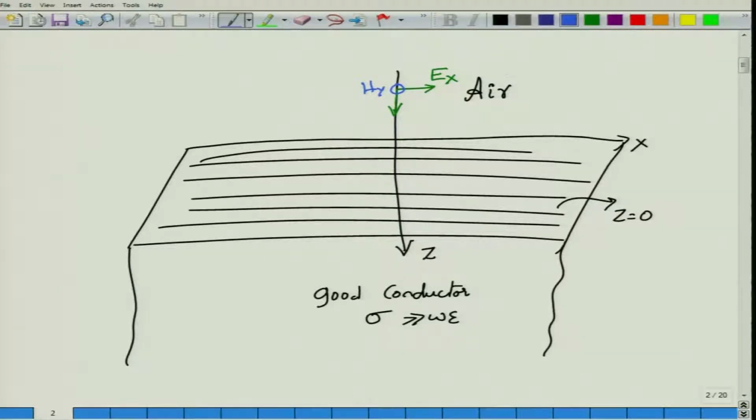Okay. Now, imagine this wave steadily approaches the interface, and at some particular time, which we do not really worry about, because we are only going to look at the steady state, we have the situation that the wave has actually landed and is now incident on the conducting boundary. So, at z equal to 0, any value of z greater than 0 will be completely a conducting surface.